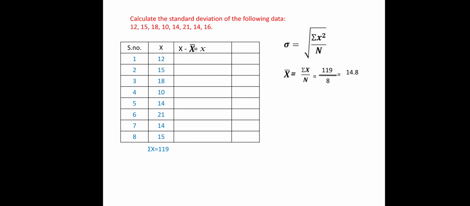So we need to subtract x bar from capital X to get small x, isn't it? With this formula we can calculate the value of small x: 12 minus 14.8 is minus 2.8, 15 minus 14.8 is 0.2, 18 minus 14.8 is 3.2, 10 minus 14.8 is minus 4.8, 14 minus 14.8 is minus 0.8, 21 minus 14.8 is 6.2, 14 minus 14.8 is minus 0.8, and lastly 15 minus 14.8 is 0.2.